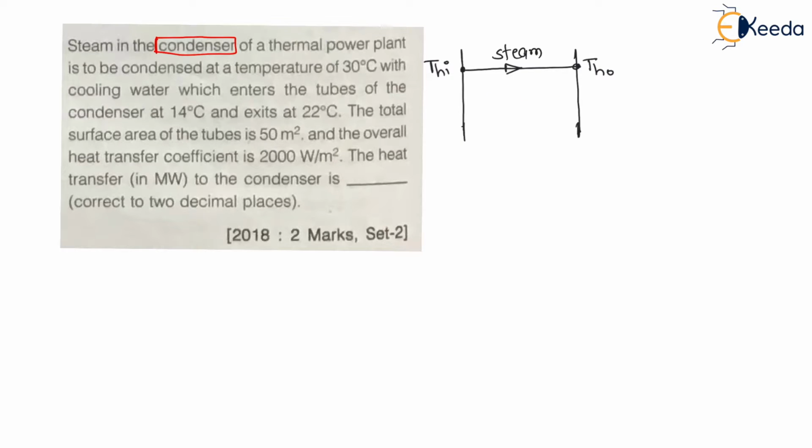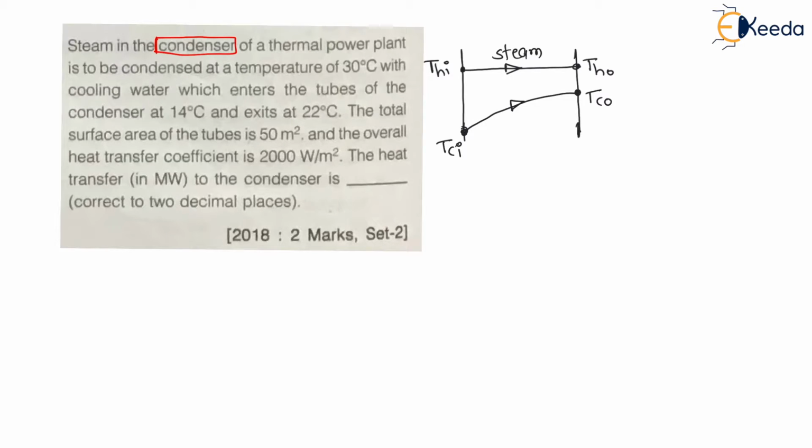If I consider parallel flow, from the same side, there will be an entry of cold fluid, and whenever the cold fluid comes into contact with hot fluid, the temperature of cold fluid will increase. Therefore, let us say here temperature of cold fluid at inlet is TCI, and the cold fluid temperature will go on increasing, and the exit temperature of cold fluid will be TCO.